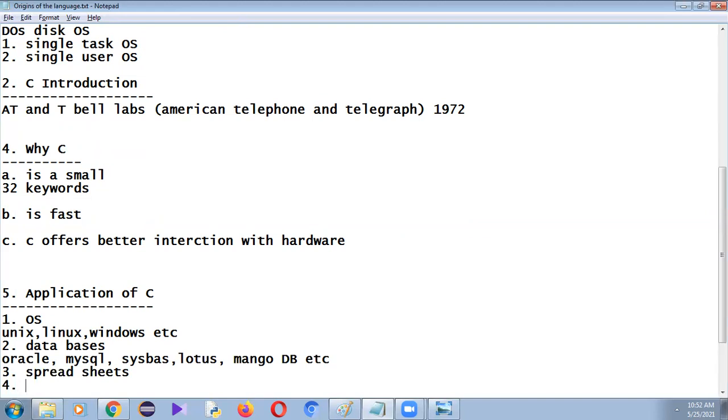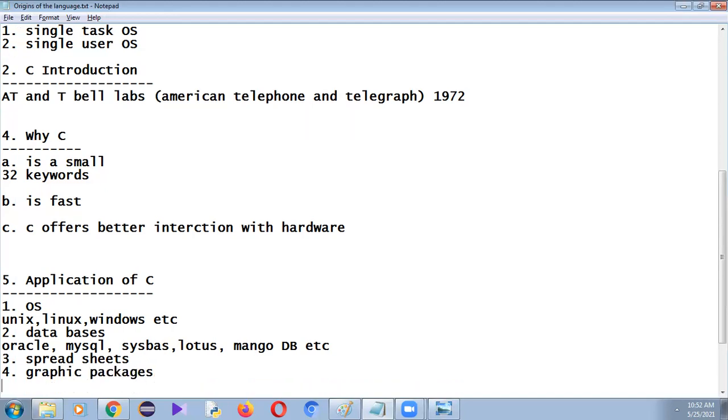Next one, to develop graphic packages. Next one, CAD CAM applications.